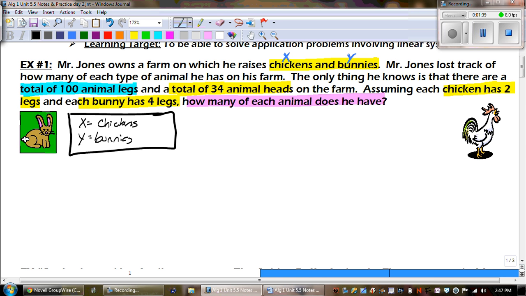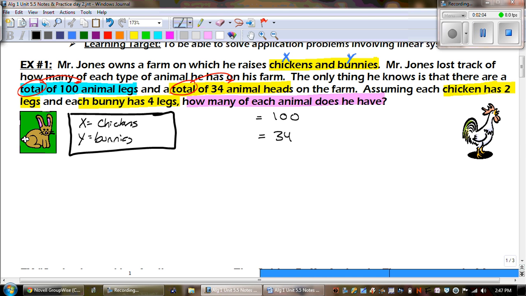We know that there are a total of 100 animal legs, so one equation is going to total 100 and another equation is going to total 34. Because what we learned in the first day is total is our equal and then there's a number that goes after it.